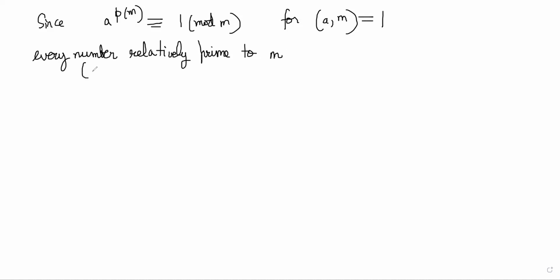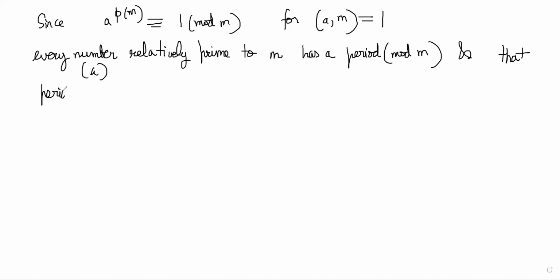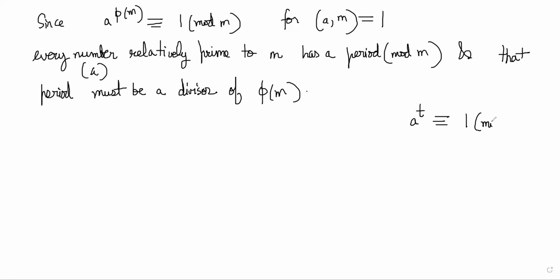So for example, every number A which is relatively prime to M has a period mod M, and that period must be a divisor of phi of M. So we had seen earlier that the periods were like this: A power T is 1 mod M, and similarly A power 2T was 1 mod M. T was the period.